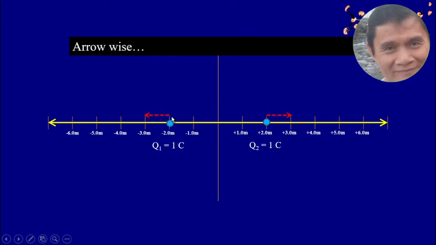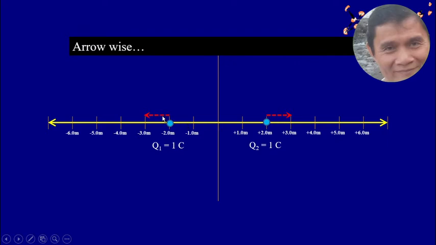So, the length of the arrow I showed here is supposed to be the reaction of the two. So, ang Q1, ang effect niya, lalayo siya sa Q2, and ang Q2, lalayo sa Q1. So, ang arrow is from the object, going away from Q1. The other is Q1. The arrow is pointing away from Q2.